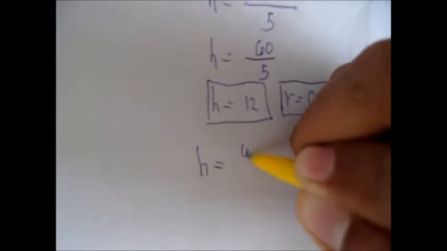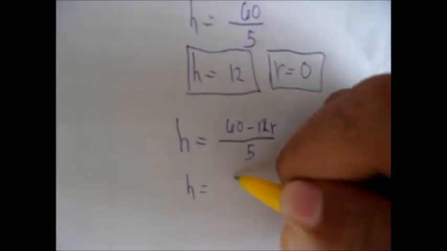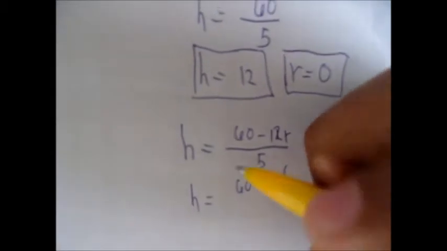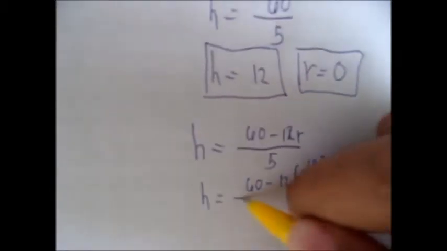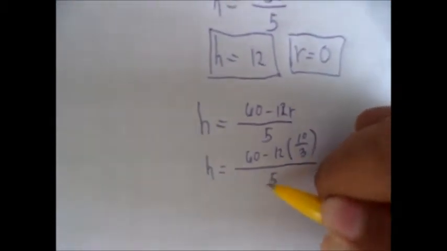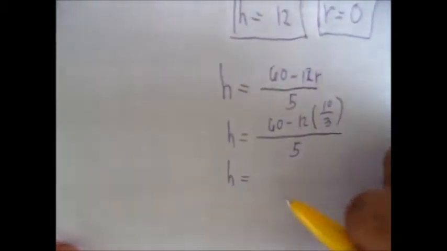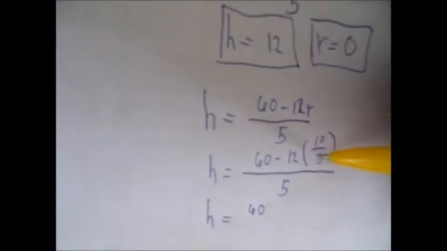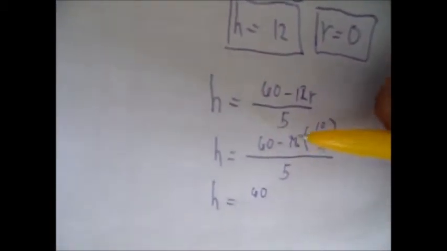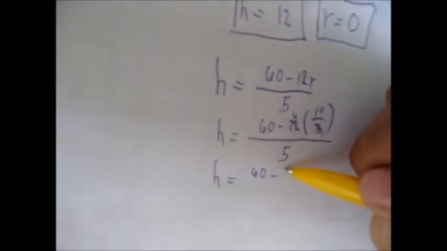So our height is 12 when r is equal to 0. Then we have r equal to 10/3. We substitute into height equal to (60 minus 12r) over 5. We have height is equal to (60 minus 12 times 10/3) over 5. 12 divided by 3 is 4, and 4 times 10 is equal to 40.